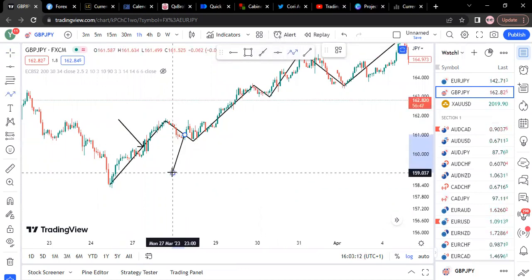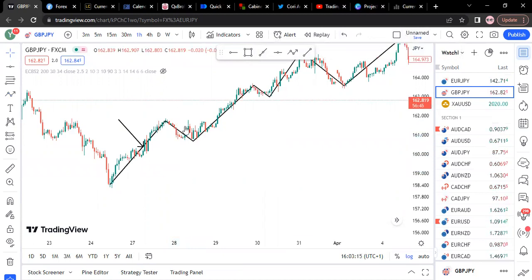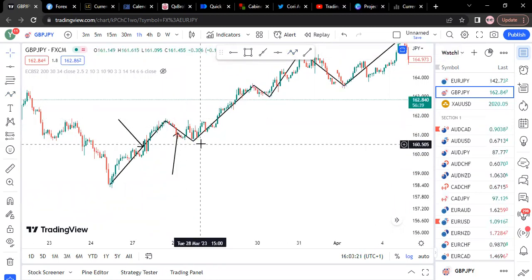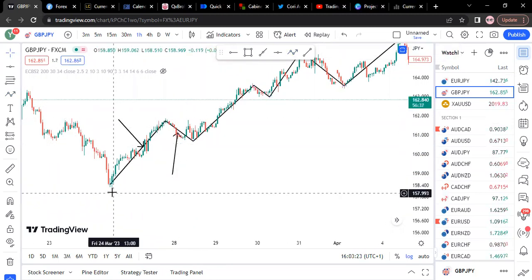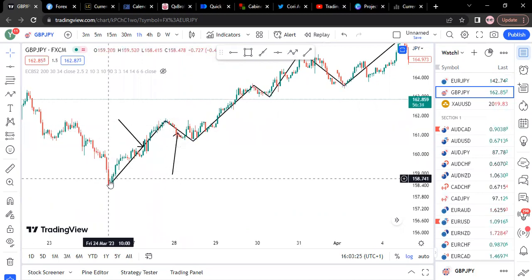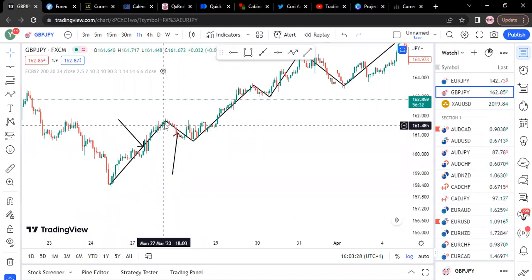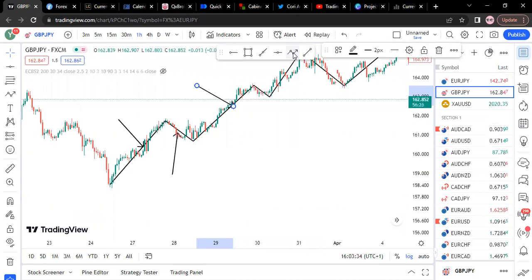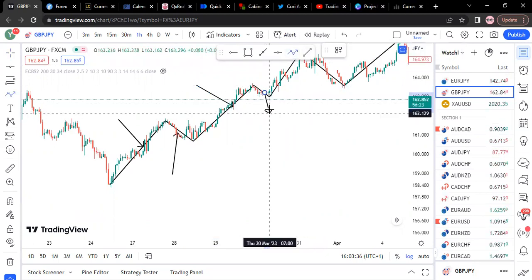When the market got to this particular level, it pulled back. It's as simple as that. It pulled back to this level. So this is a pullback of the market. This is an impulsive move. Well, this is a pullback, and then this is another impulsive move, and then this is a pullback. I know you know this already.